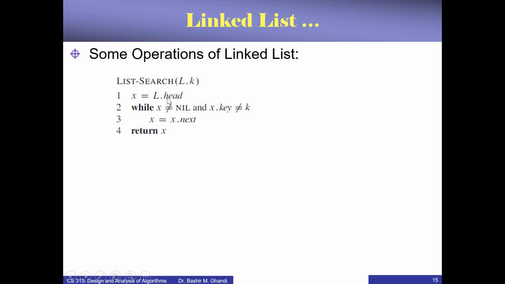We can get the first node by saying l.head. So x points to the first node, and then we start a loop. As long as x is not nil and x.key is not equal to our target k, simply move x to the next: x equals x.next.